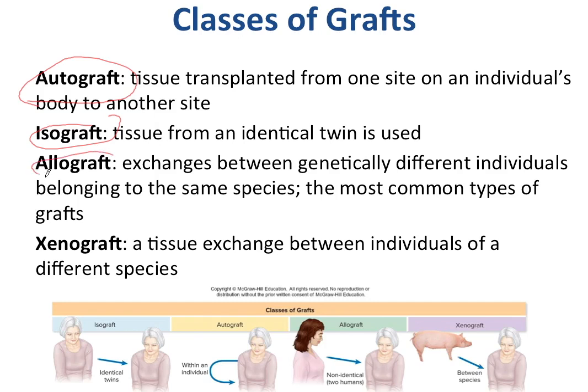The third is allograft. Allograft means tissue transplantation between different individuals of the same species, such as when we transplant organs from donor A to patient B. A and B are the same species, human, however the organ is from a different individual.